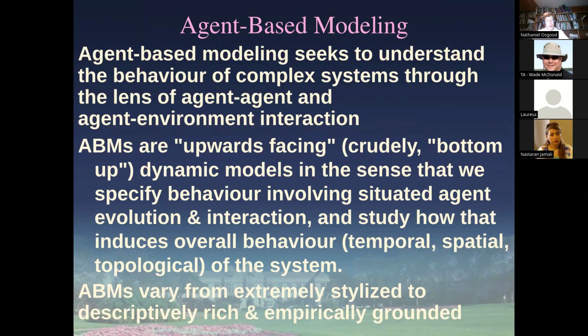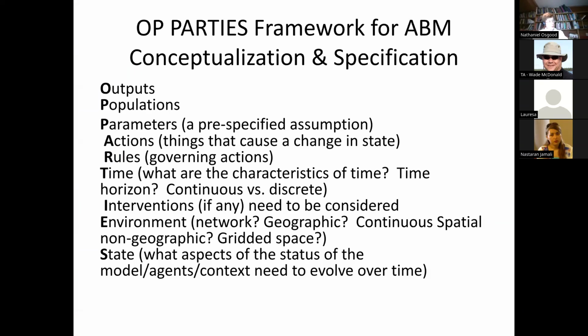So ABMs vary dramatically in terms of their level of description and the level of stylization. I like to encourage students, when they think about the scope of an ABM, to use what I call the O-Parties framework.